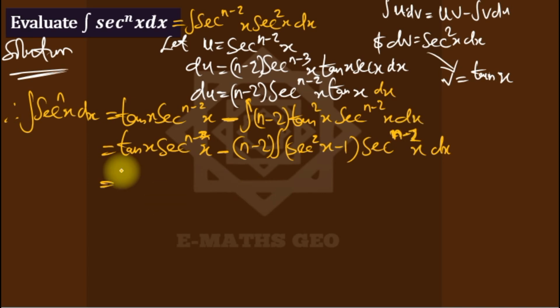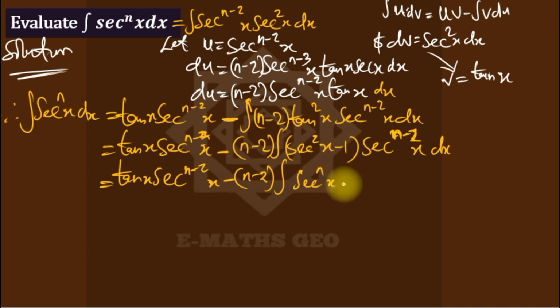So we write this, repeat that, minus n minus 2. We open up this bracket. This times this is sec x raised to the power n, because 2 minus 2 is 0.